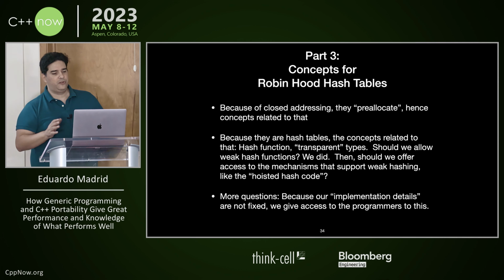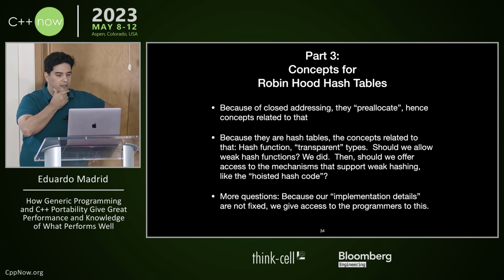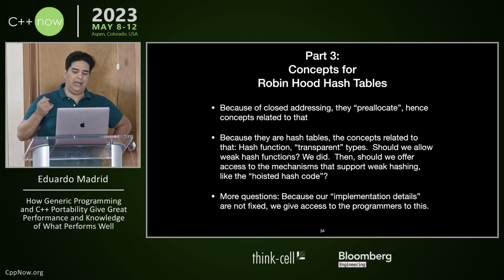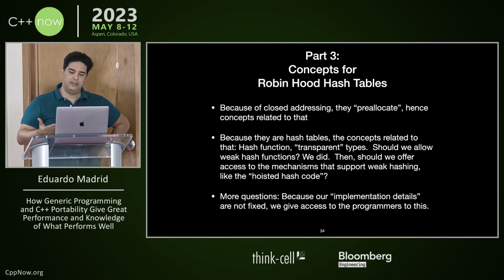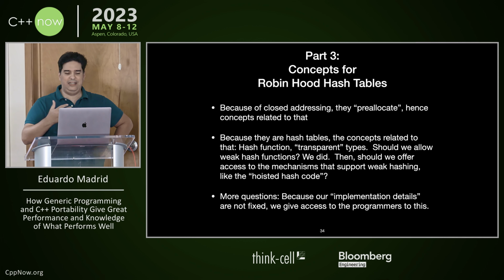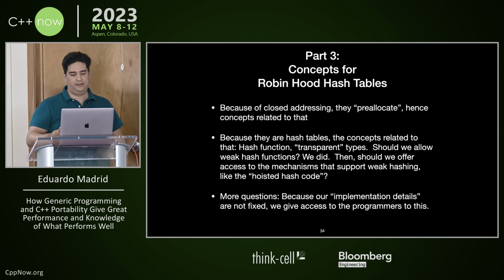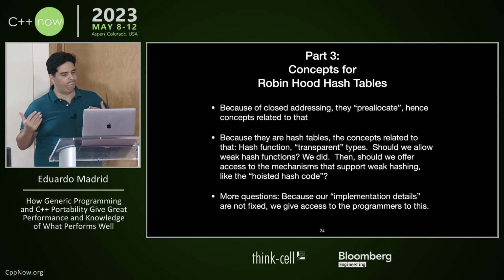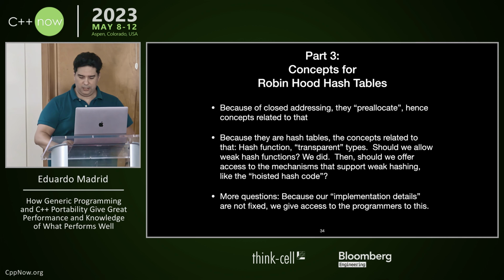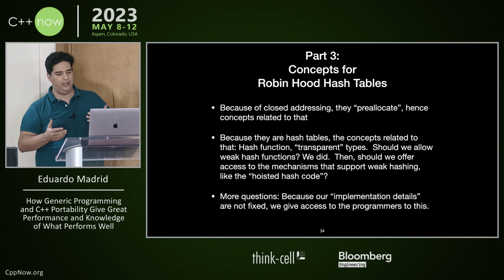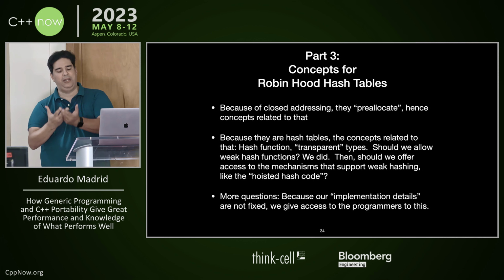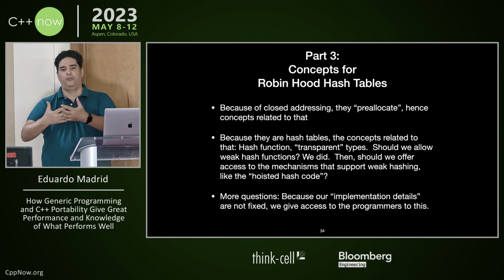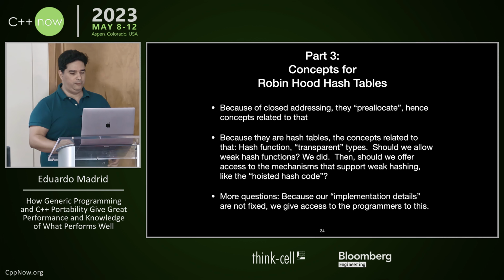I am just going to give you an overview, because the Robin Hood hash tables I have already covered in two presentations at conferences. And this part is so complex that I am not going to be able to give you the value of explaining each individual part within the parameters of this presentation.